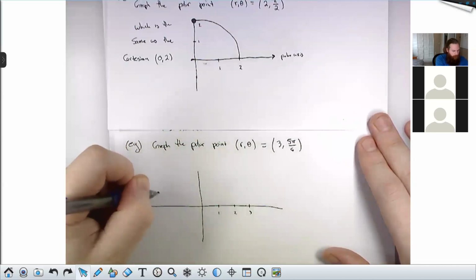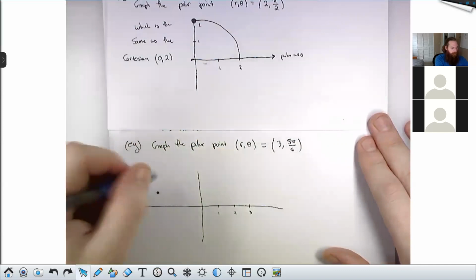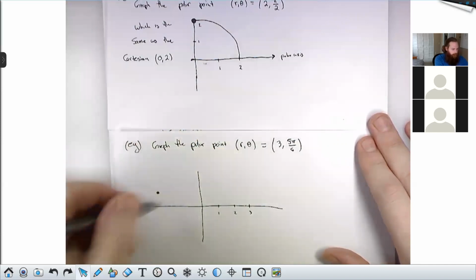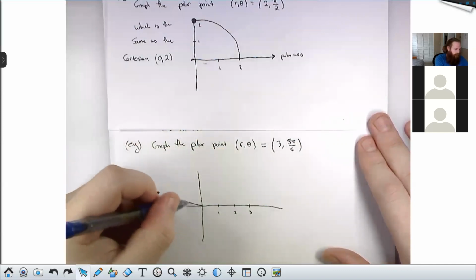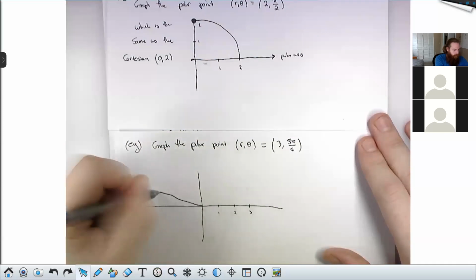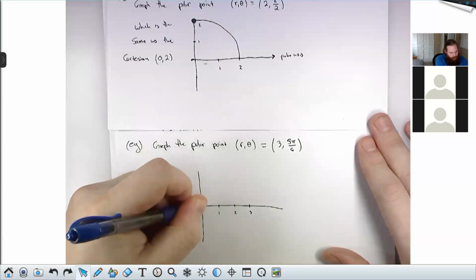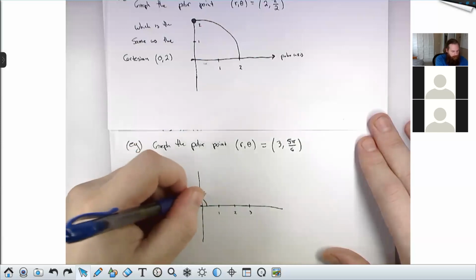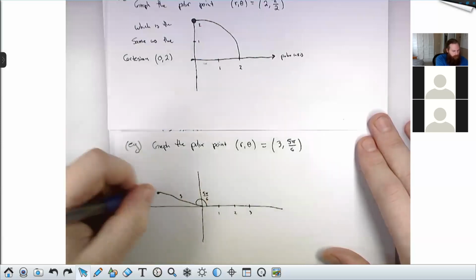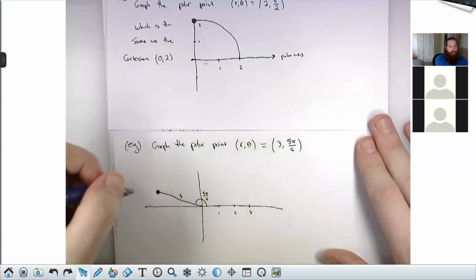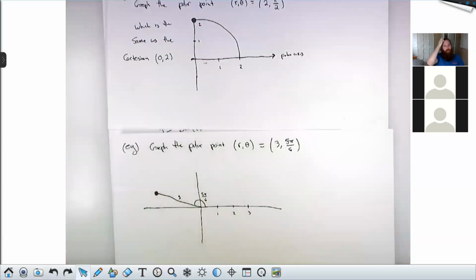So that's going to put me right about here. So the length of this hypotenuse here is 3. And this angle through which I've rotated is 5 pi over 6. So that gets me to this point. Right? And again, you don't need to draw the arc or the radius like I am. You could just draw the point.